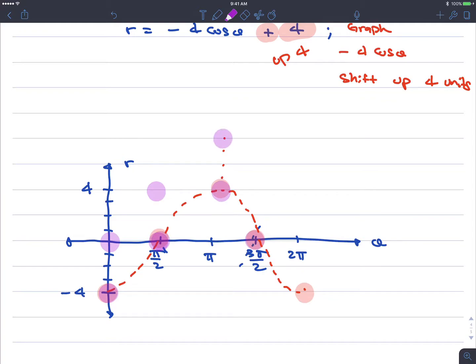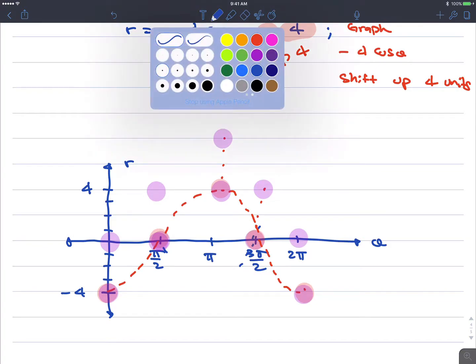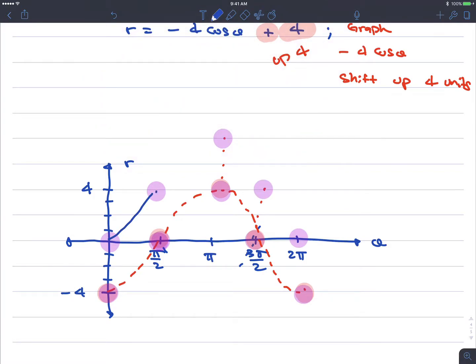So we're going to be here. I go up again, how many units? 4 units. So this point goes up 1, 2, 3, 4. And then this last point goes up 4 as well. So it'll be right here. Not pretty at all.